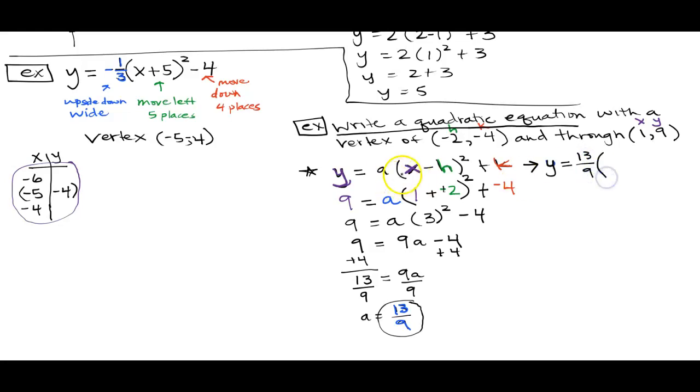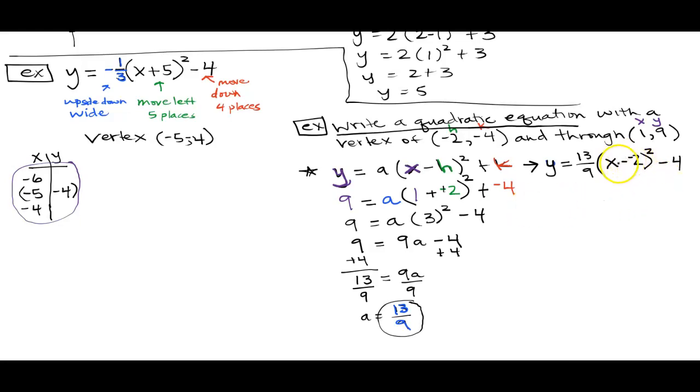Then parenthesis, x, which I need to keep as part of my equation, and then I put in my vertex. That's going to be minus a negative 2, squared, and then minus 4.